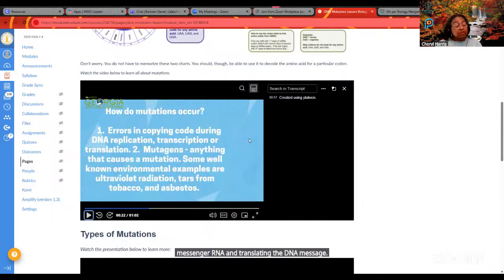The DNA message is telling you one thing, and the messenger RNA skips one or puts too many together, or it deletes a whole section. And so when it goes to make the protein, the transfer RNA reads what it brings it, but it's missing something. So these missing things can cause it to translate an error.